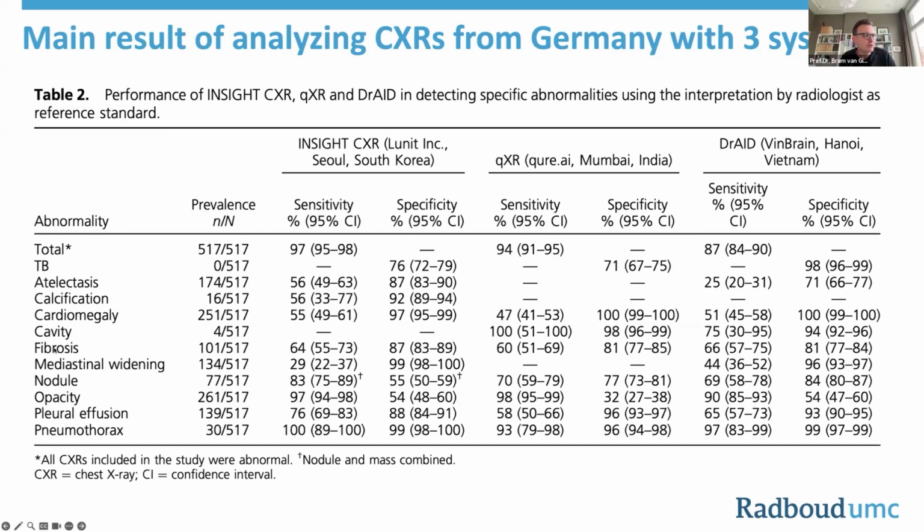And you have to wonder, what would it mean clinically if you see a calcification on a chest X-ray? Well, actually nothing. It is something that a radiologist should report in a radiology report, but most of these things do not have a direct influence for a patient, maybe with the exception of pneumothorax, which is, of course, very rare in a TB screening setting, but actually the software is doing quite a good job there.